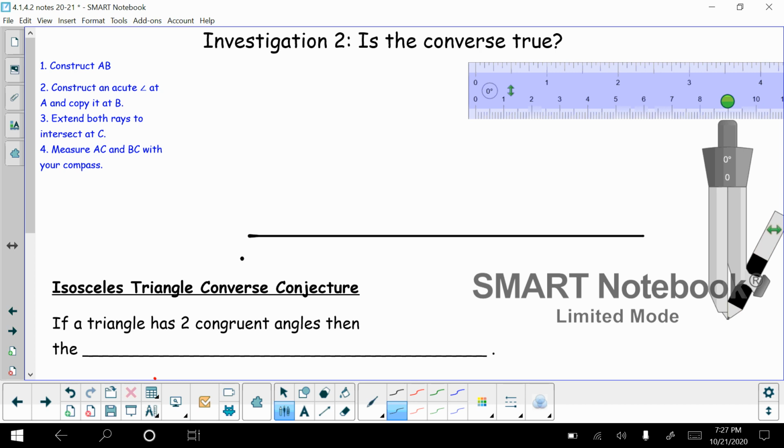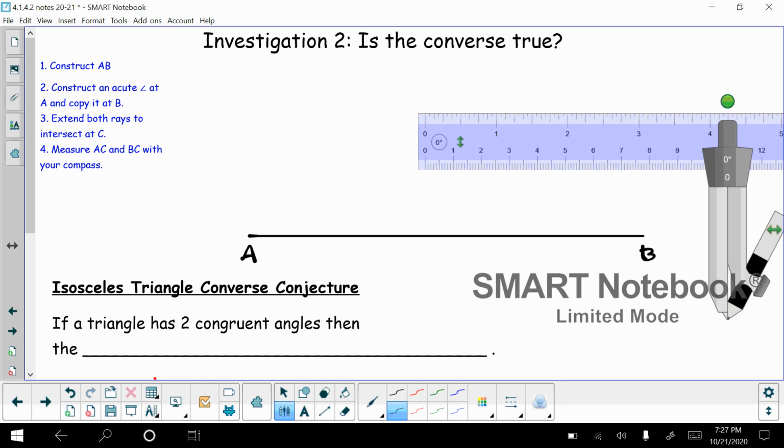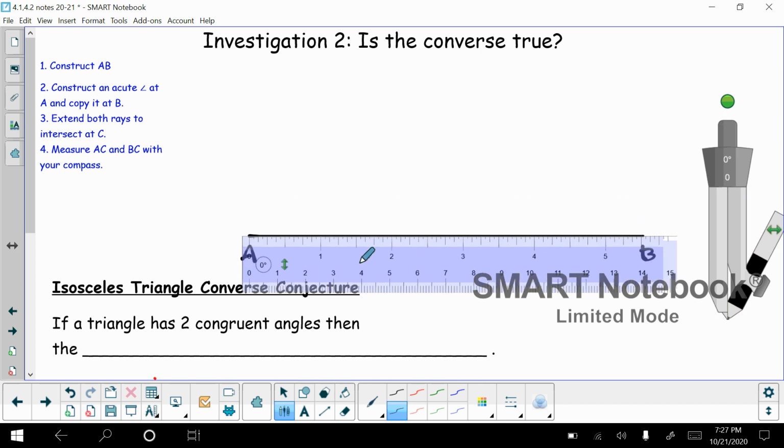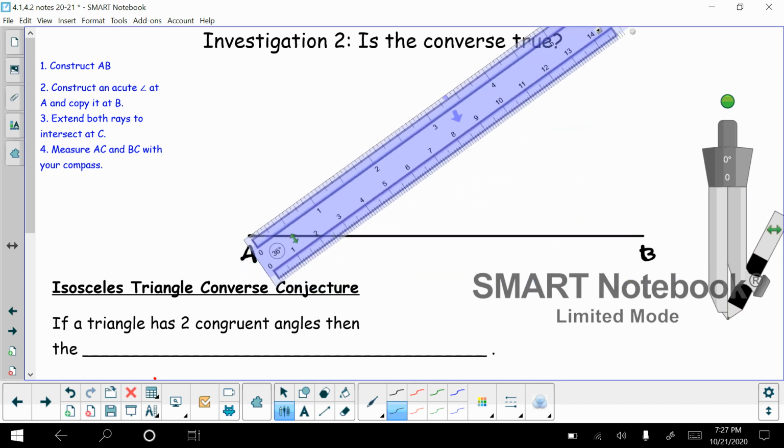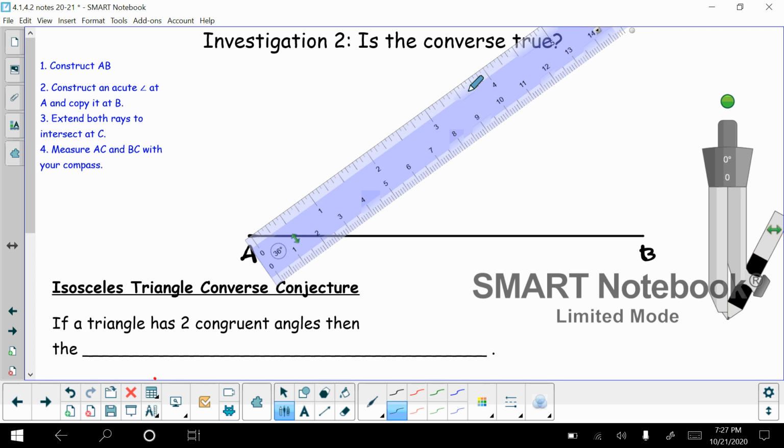So that's going to be my segment AB, and it says construct an acute angle at A. So let's get our straight edge, and let's just make a line like that.